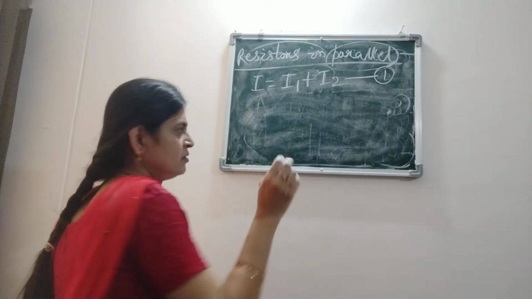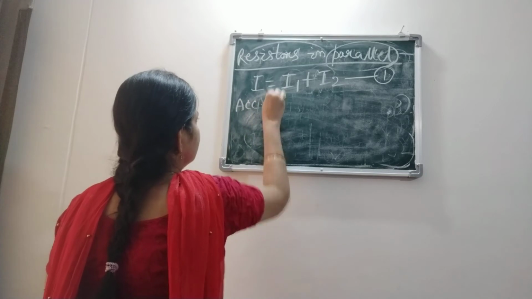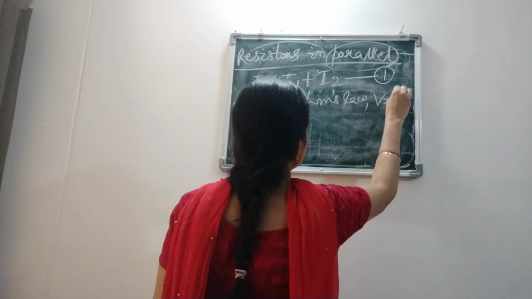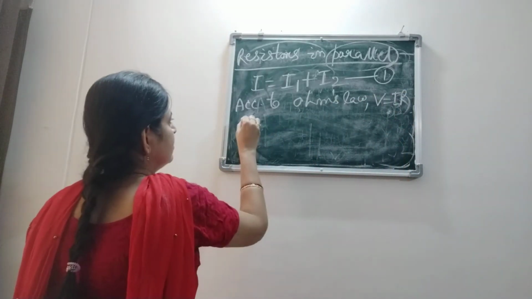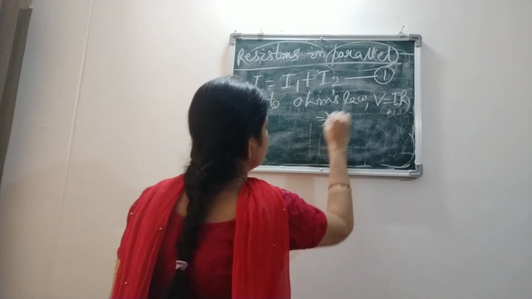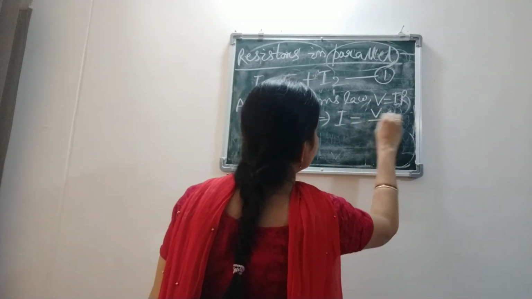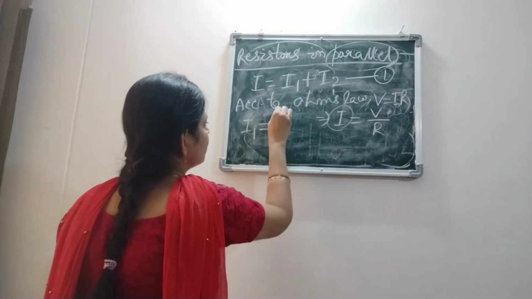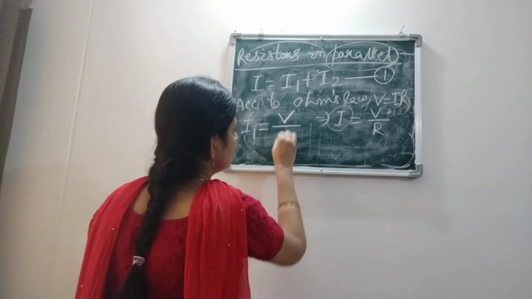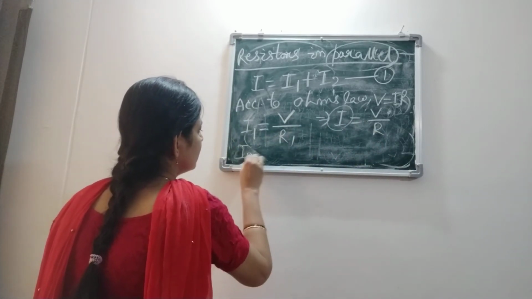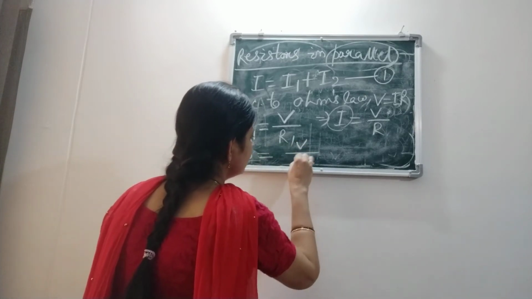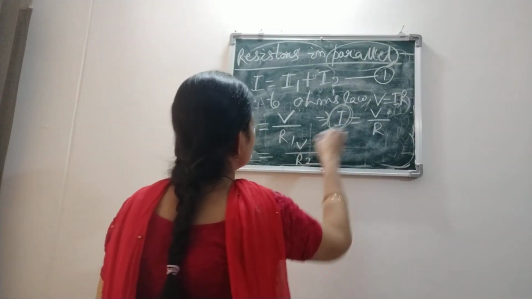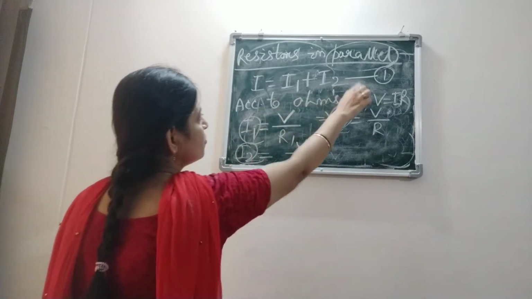Now, using Ohm's law, which is V is equal to IR, we can write I is equal to V divided by R. Similarly, for I1, the potential difference is the same, but the resistance is R1, and for I2, it is V divided by R2, because the resistance is R2. Now, put the values of I, I1 and I2 in equation number 1.